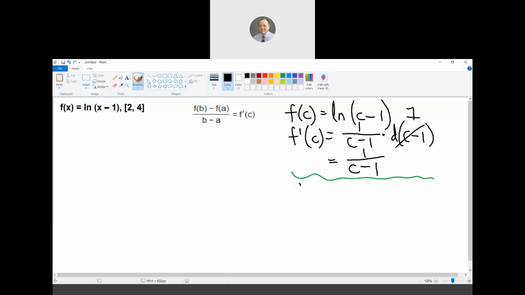Next up, let's find f of b. And according to our given closed interval, b is 4. In your original function, replace each x with 4. And that gives us natural log of 3.